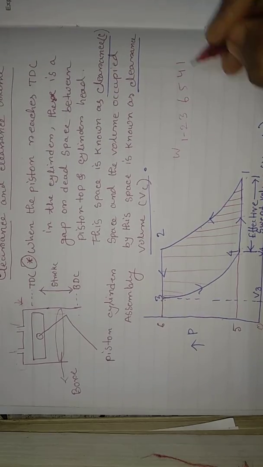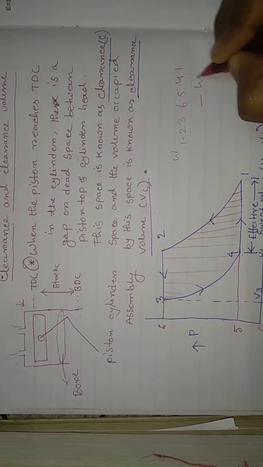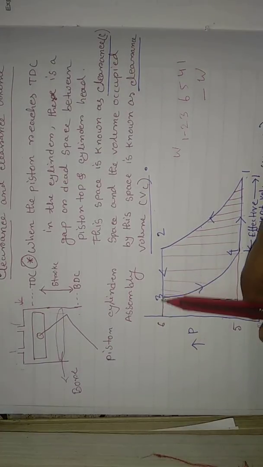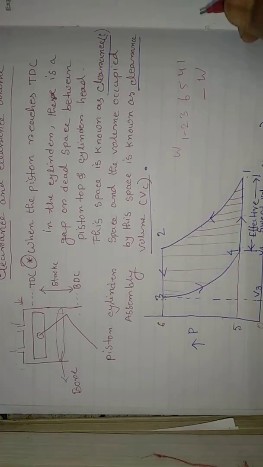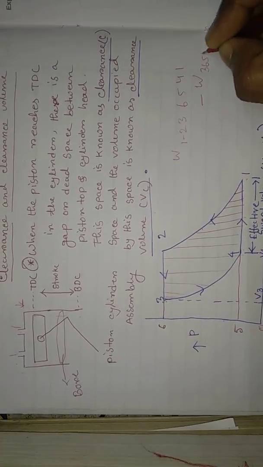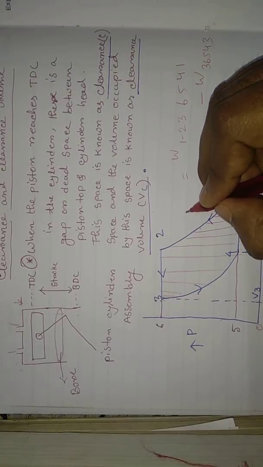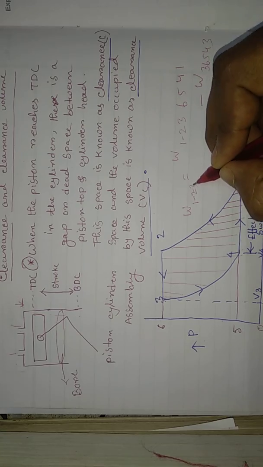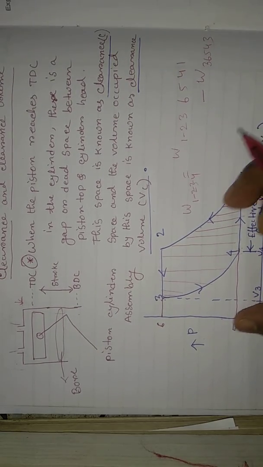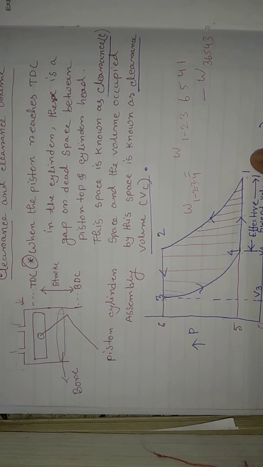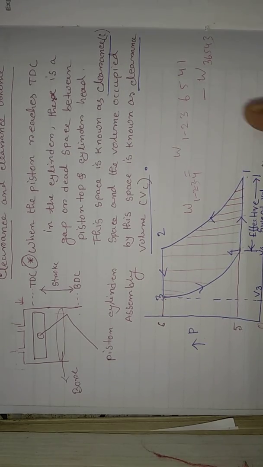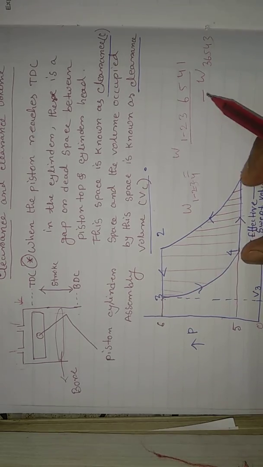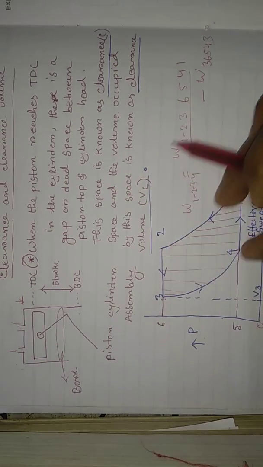Then if you subtract the work done required for this portion only, that is 3 6 5 4 3, you can get the work done required for the process 1 2 3 4. So subtract this portion only, and then you can calculate this required work done.